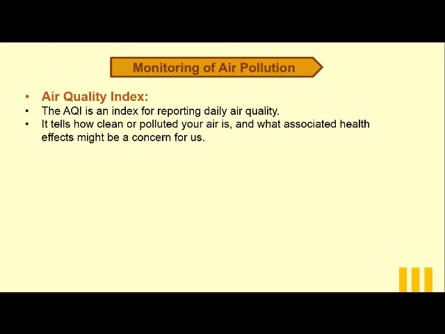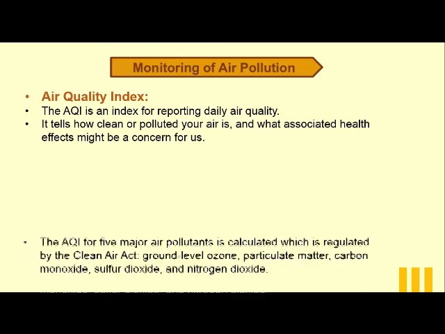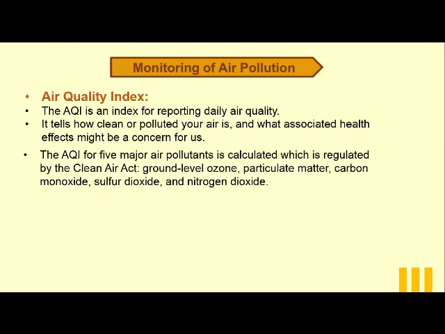This is an index for reporting daily air quality. It tells how clean or polluted the air is and what associated health effects might be a concern for us. The air quality index for 5 major pollutants is calculated, which are regulated by the Clean Air Act.